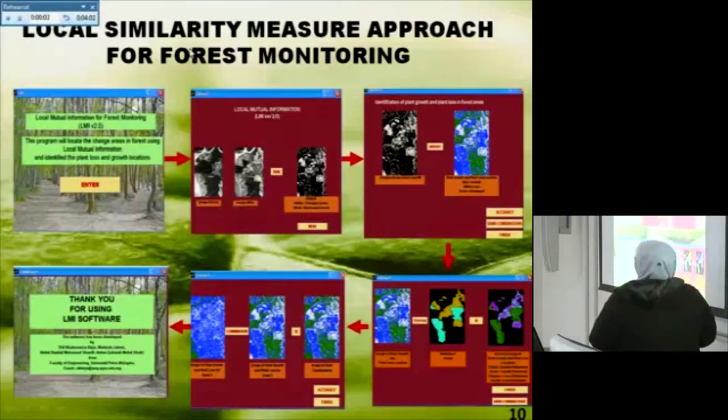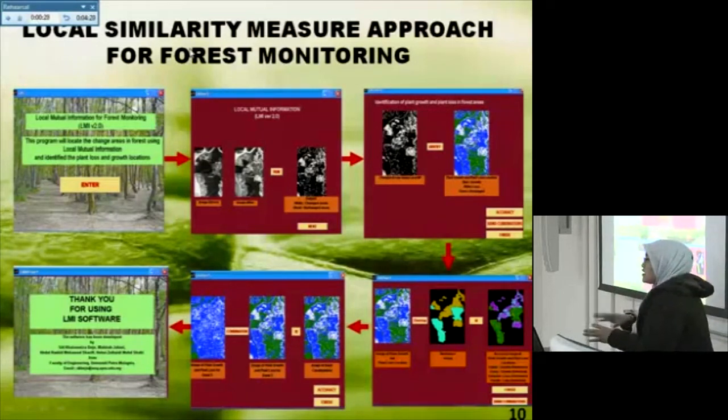This is the final output of my research. This is a GUI using MATLAB. The user just inputs 2 satellite images. Then this program will detect the change area, and after that it identifies whether the change is because of plant growth or plant loss.